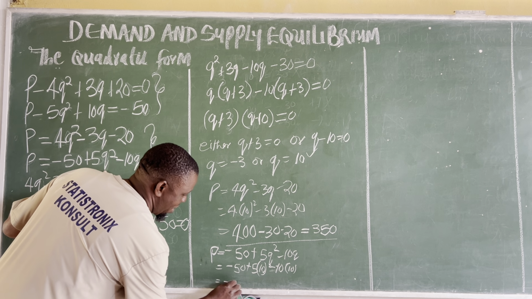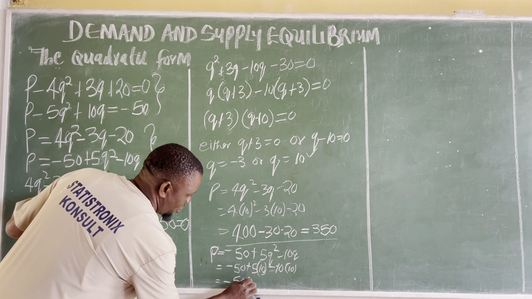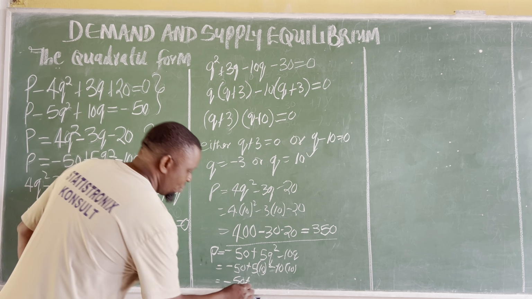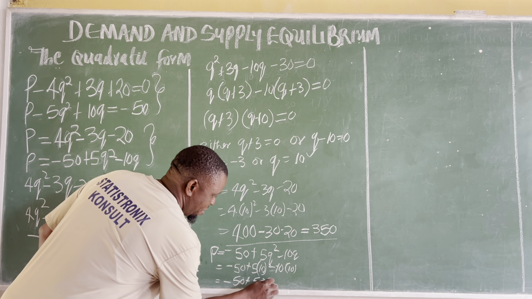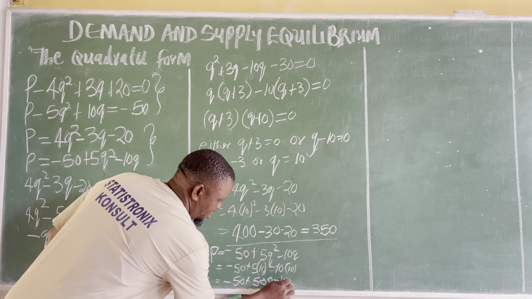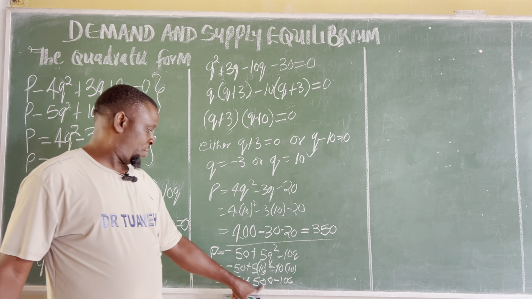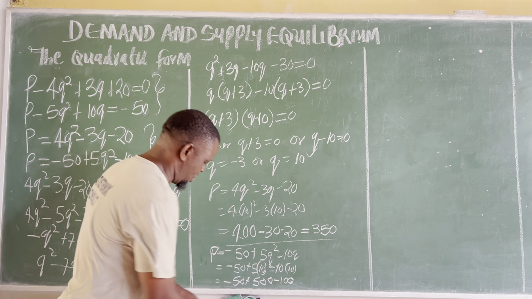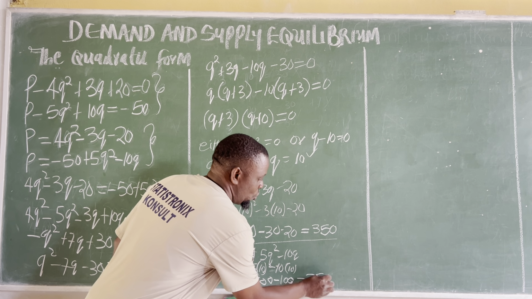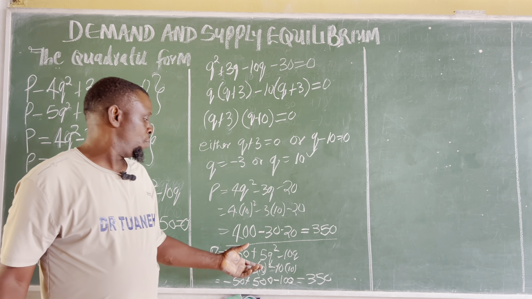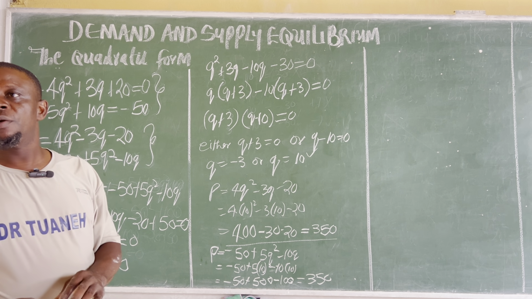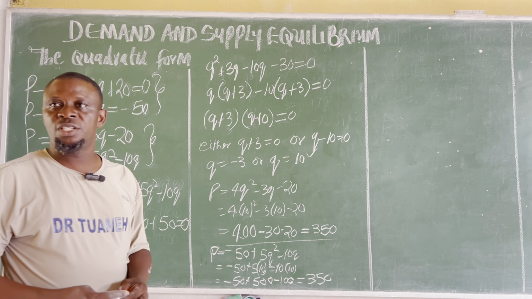So this will be equal to minus 50 plus 10 squared will be 100 times 5 will be 500. Okay? Minus 10 times 10 will be 100. So 500 minus 100 will be 400 minus 50. And this is also equal to 350. So that's the equilibrium price and then equilibrium quantity for when it is presented in a quadratic form.